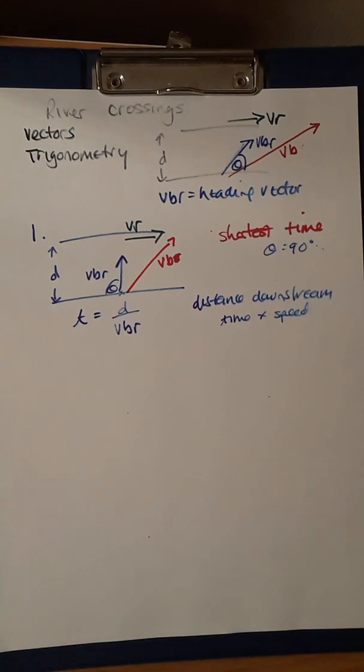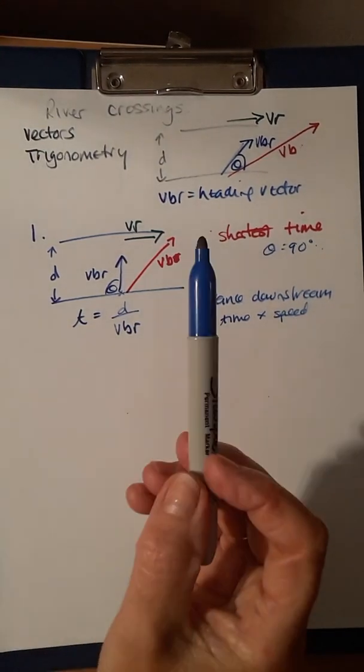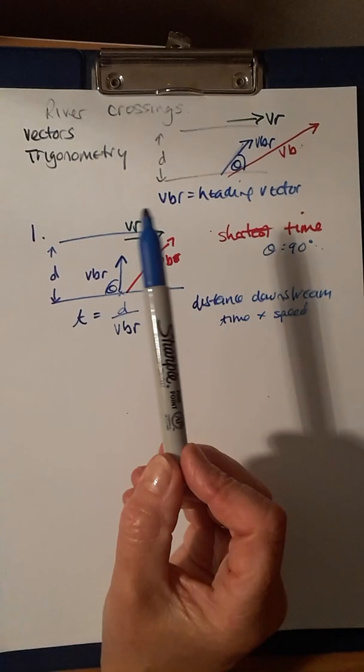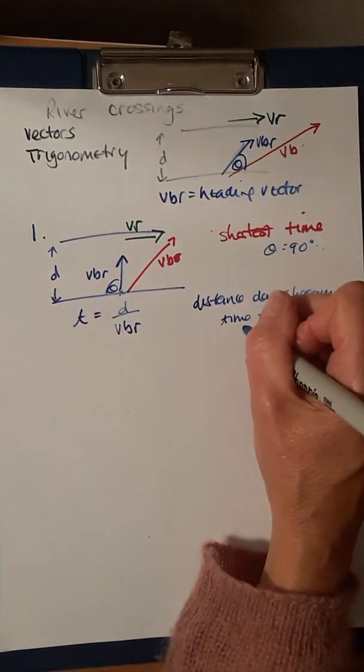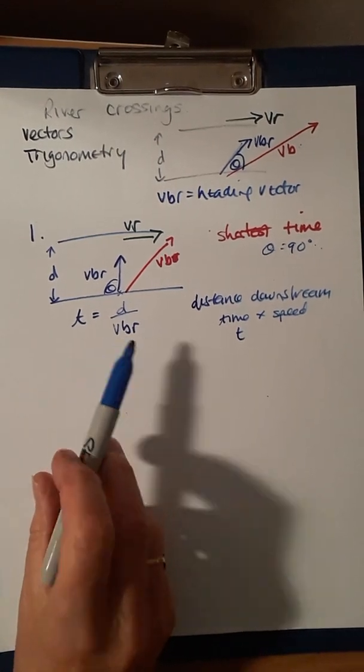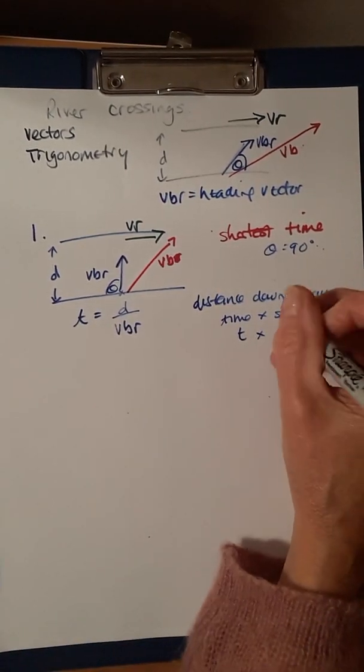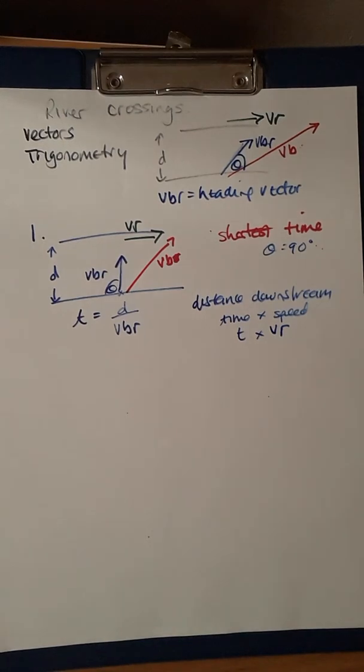What speed actually takes you downstream? In this particular case, it's only the VR. So this is going to be the crossing time t, which is d over VBR, multiplied by the speed that took you downstream, VR. Okay, so that's the shortest time condition.